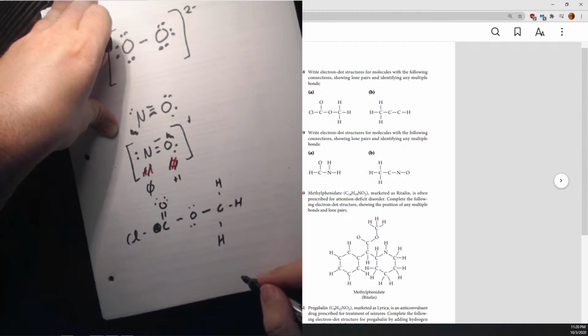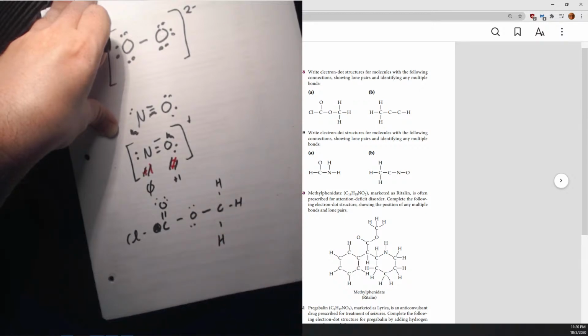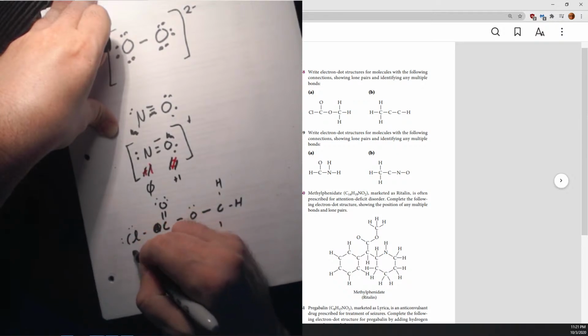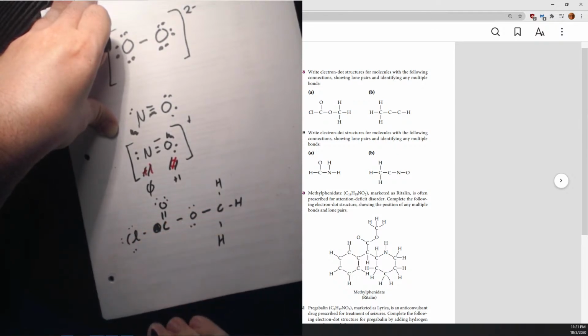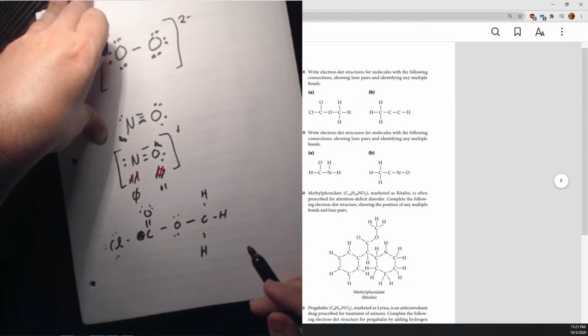Okay, that's a pretty interesting compound right there. The reason I put the double bond there is because oxygen needs the 8 electrons, and carbon likewise. So it's not going to form a double bond with chlorine because chlorine does not care for that. This oxygen has 2 lone pairs. Yeah, this is fairly straightforward.